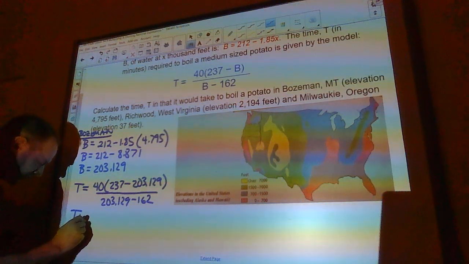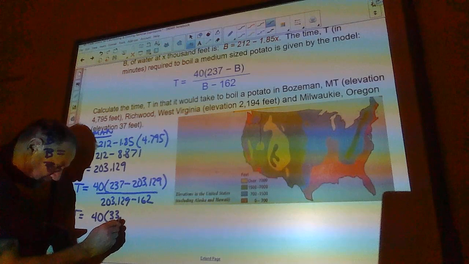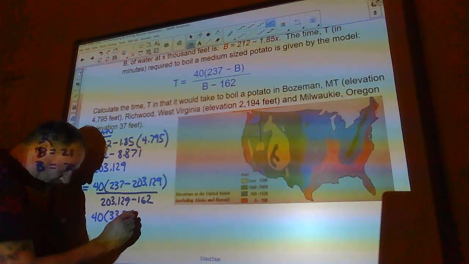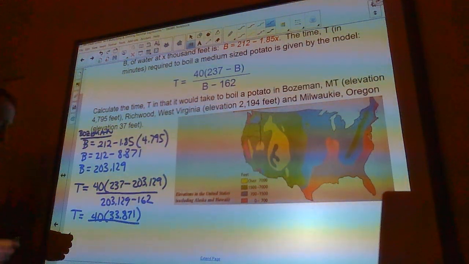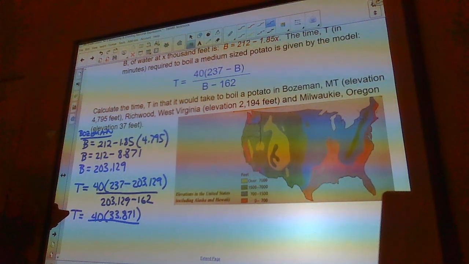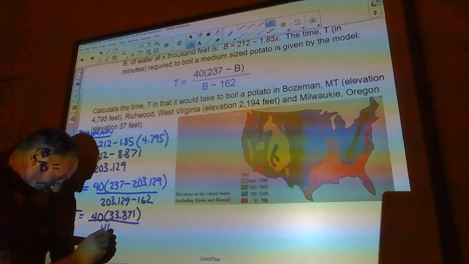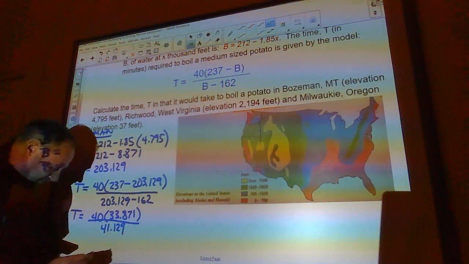So this is going to equal 40 times 33.871 divided by 203.129 minus 162, which is going to be 41.129.